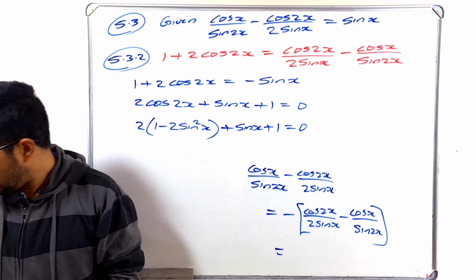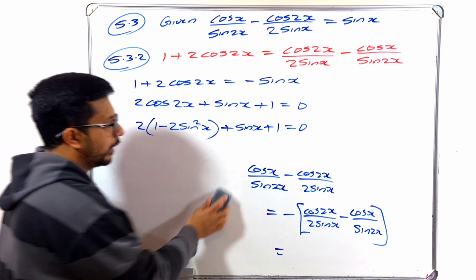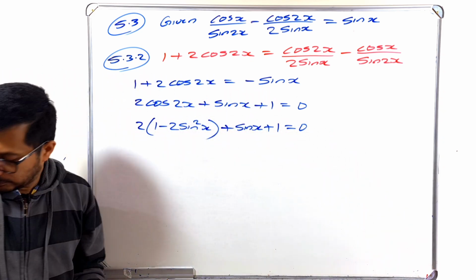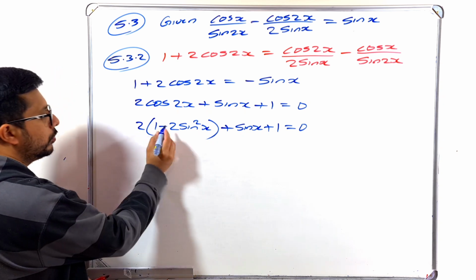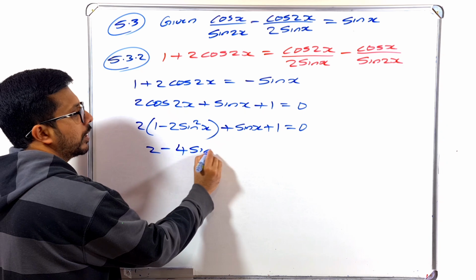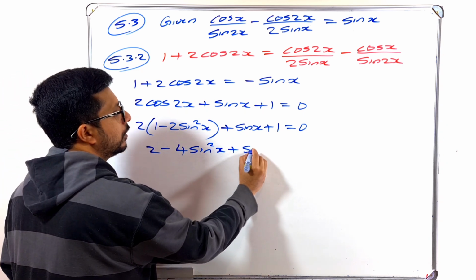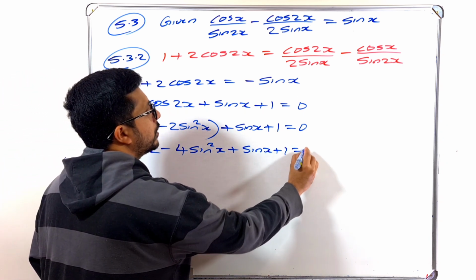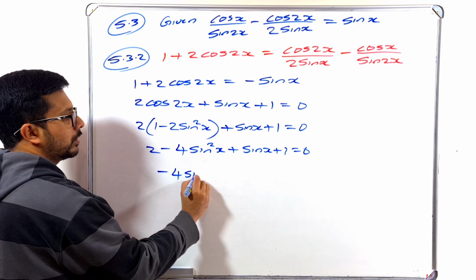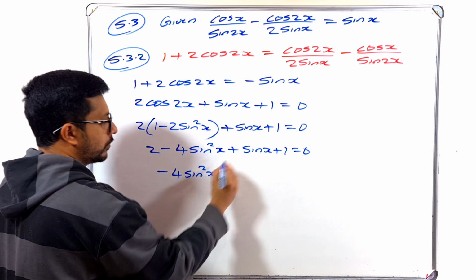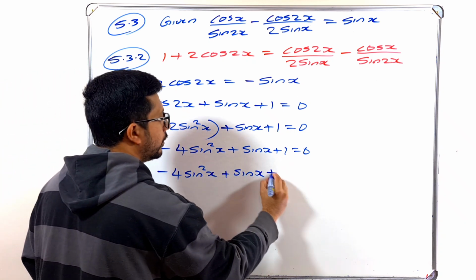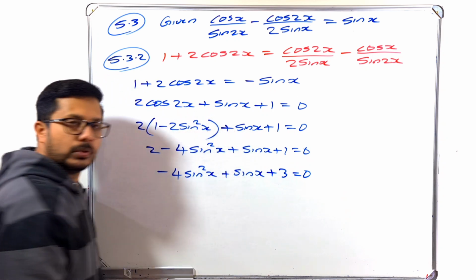Now expand that bracket. 2 into 1 is 2, 2 into minus 2 sin square x is minus 4 sin square x, plus sin x plus 1 is equal to 0. So minus 4 sin square x plus sin x, 2 plus 1 is 3, equal to 0.